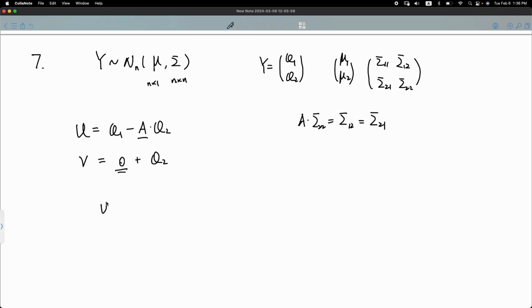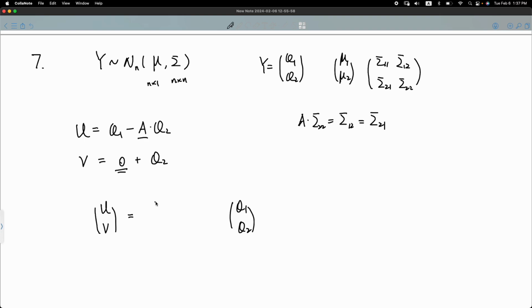Same idea. We're going to write U and V in terms of Q1 and Q2. I'm not going to comment on the dimensions here anymore because they're different subvectors and can vary, but just make sure that they are aligned.